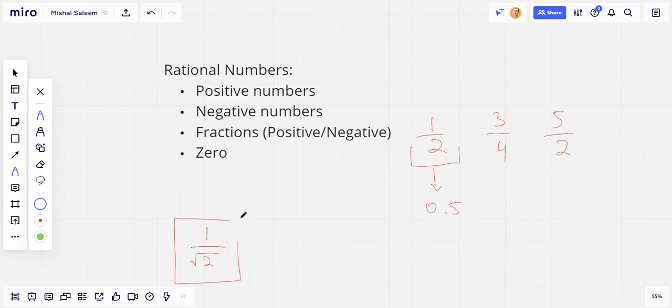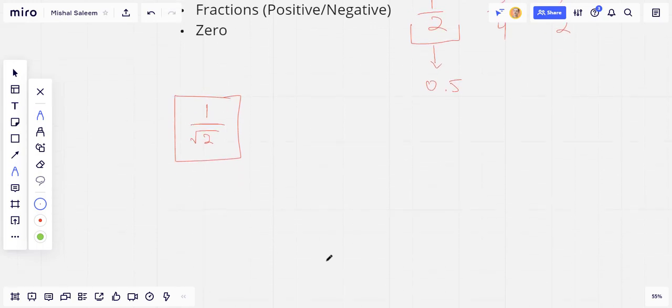There is a square root in it, and this definition doesn't say anything about square roots. Well, for these kinds of numbers we need to modify the definition. So now I'm going to give you the usual definition of rational numbers, which says that rational numbers are always in p by q form, where p and q are integers and q must not equal 0.